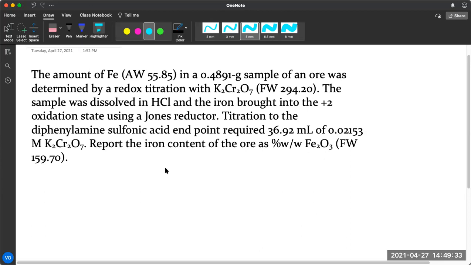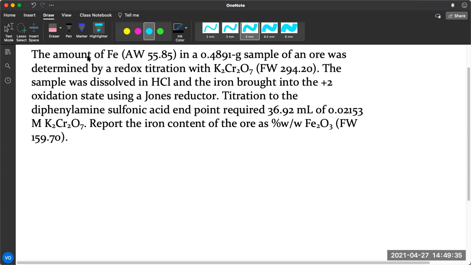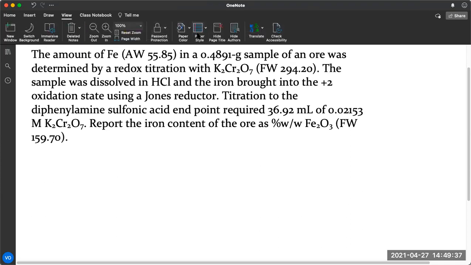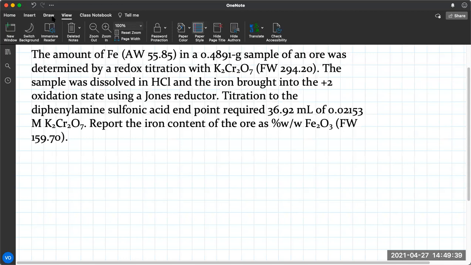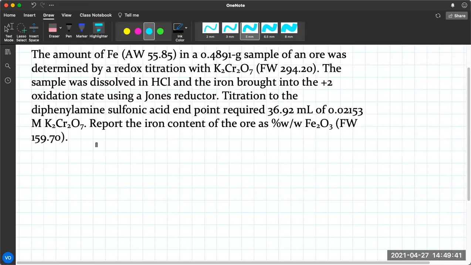Okay, again, the very first thing you need to do is to write the redox reactions. So what are the redox reactions involved in this titration? First, you have your iron. Iron will be +2.